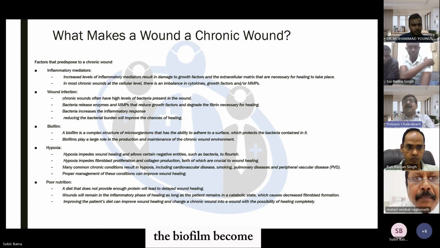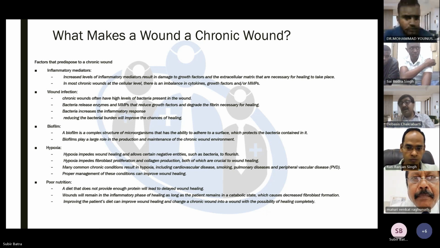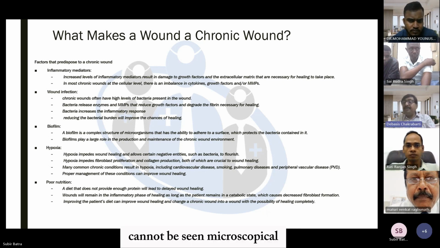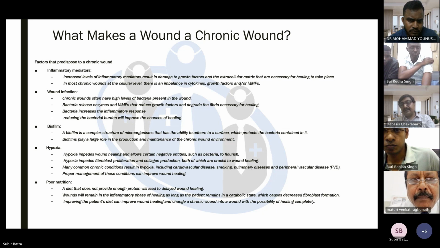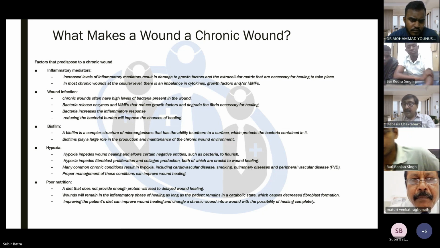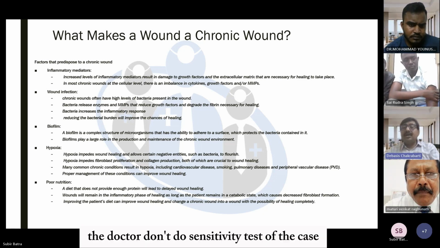Now, biofilm becomes a major headache for doctors to treat because in most cases, biofilm cannot be seen macroscopically. It has to be identified microscopically. Unfortunately, in most cases, doctors don't do a sensitivity test of the exudates.